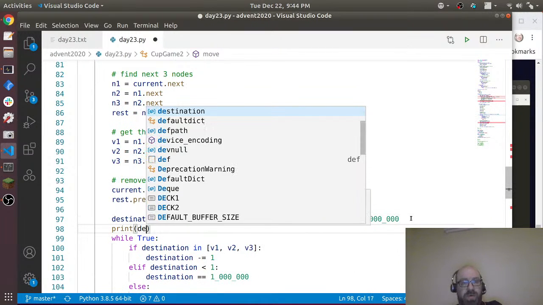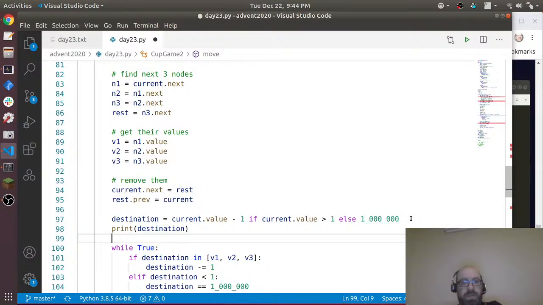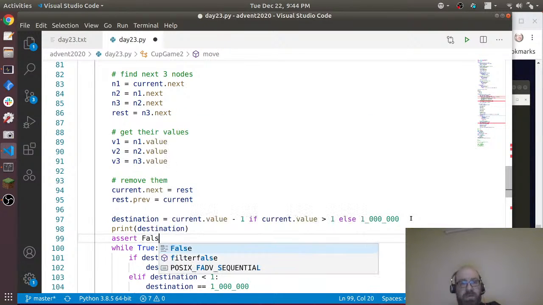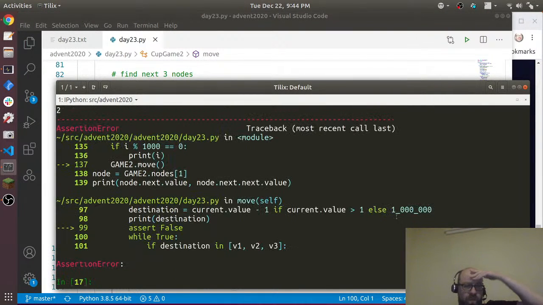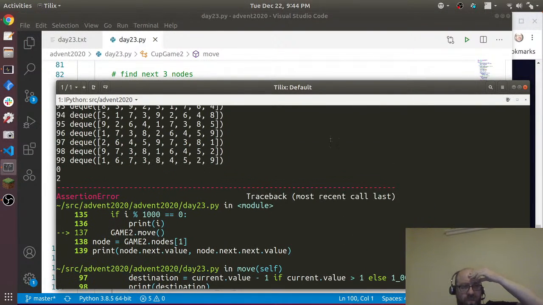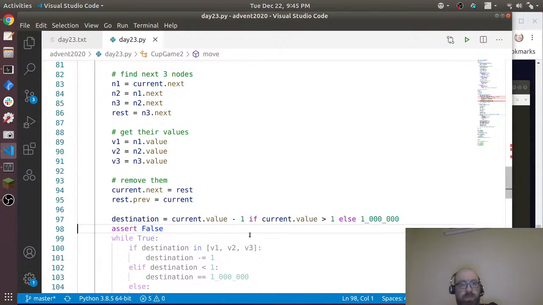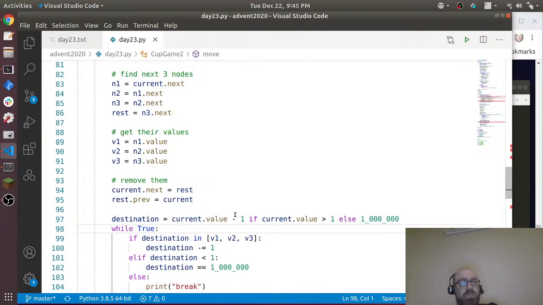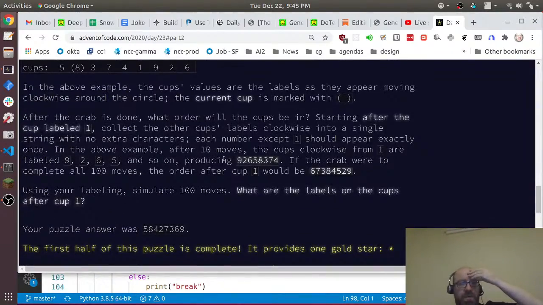Okay, so print destination, and then assert false. God, I'm doing something really dumb here. What am I doing that's so dumb?